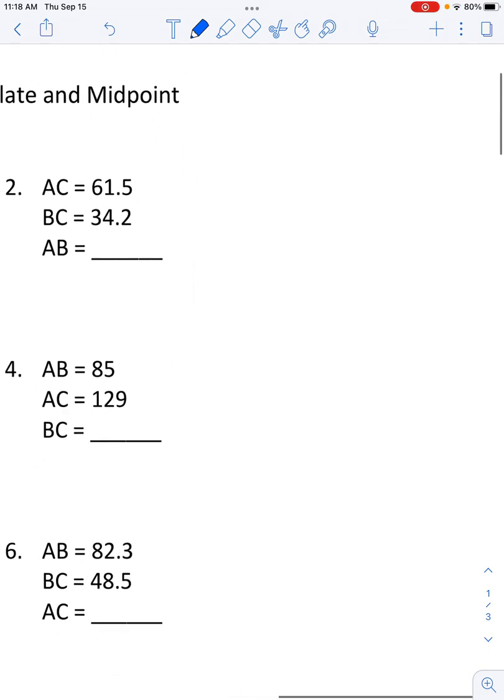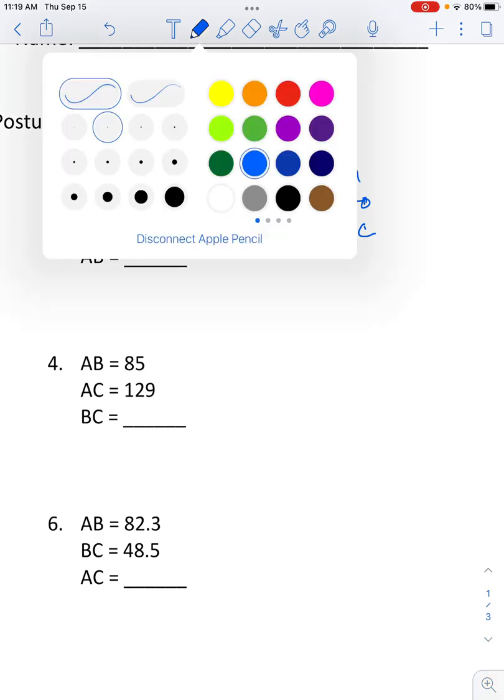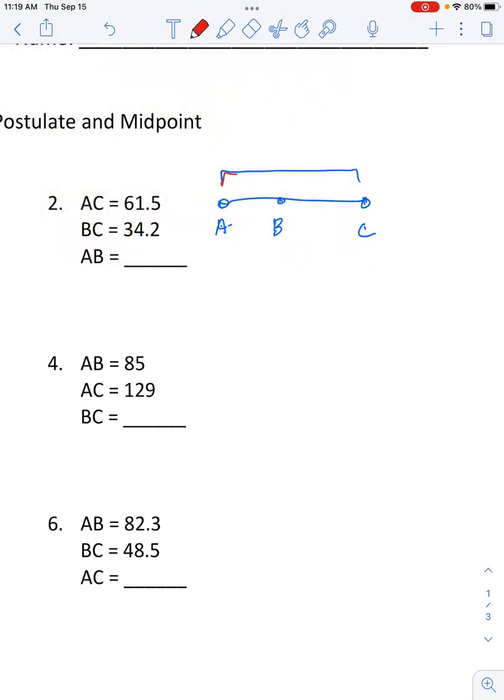Do another. Again, all these problems are going to have A, C as the endpoints, B somewhere in the middle. Now it says AC is 61.5. BC is 34.2. What is the value of AB? So we don't know AB.